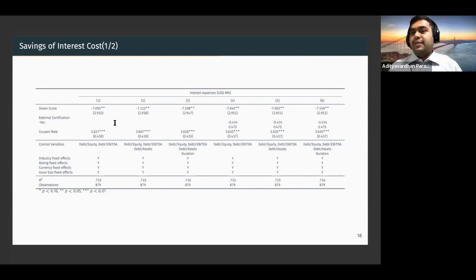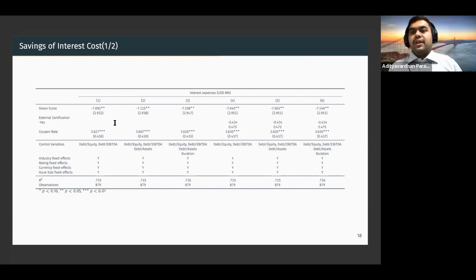So primarily here we are trying to say that for greener bonds, you will have lower interest costs. To ensure the robustness of our specification, we have also included different control variables at the entity level, which might have an impact on the balance sheet in the form of leverage, which could ultimately impact the interest cost or the yield of the bonds.